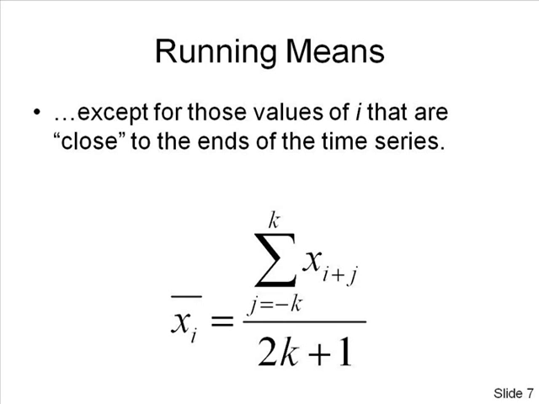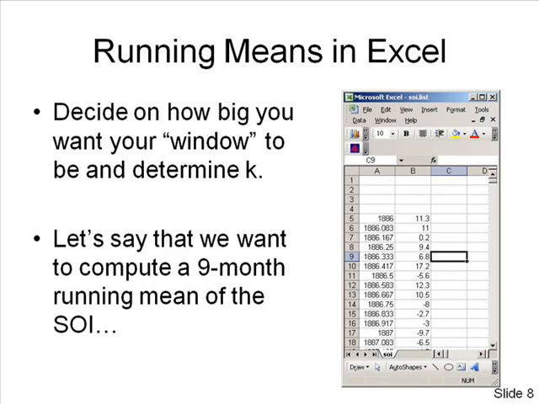And so you lose k values at the beginning and at the end of your time series. On the other hand, if your time series is fairly long and or your value of k is fairly small, your window is not particularly wide, this can be a perfectly acceptable trade-off. For example, in this little example that we're going to be doing here using Excel, we're going to compute a 9-month running mean.